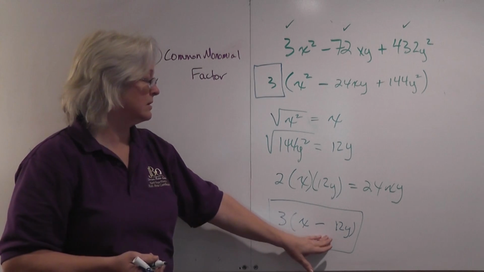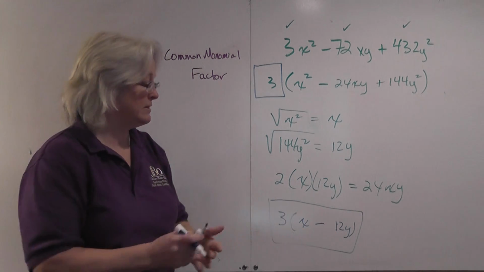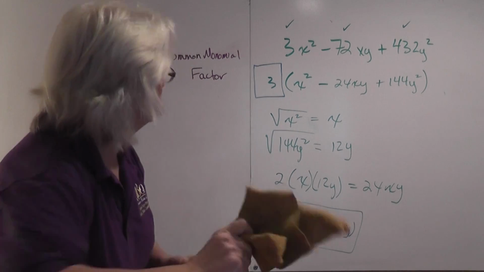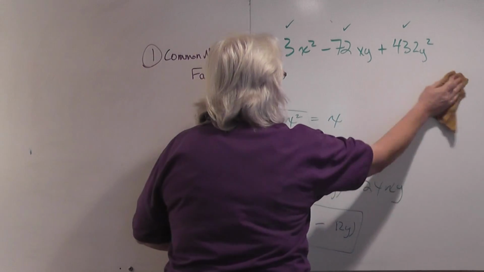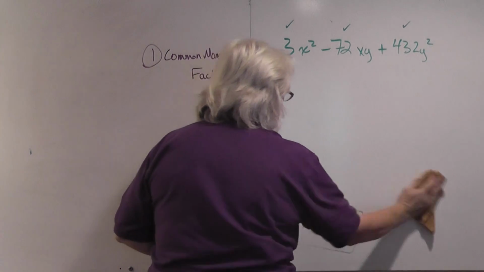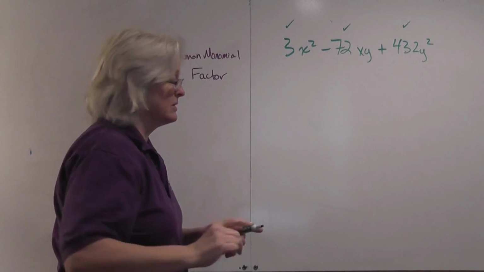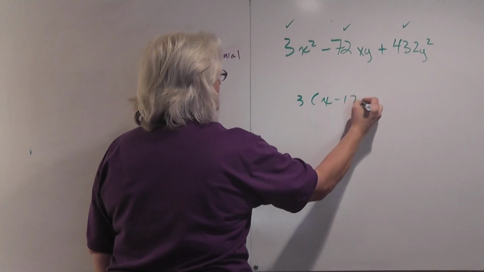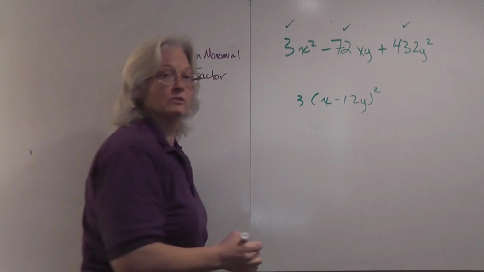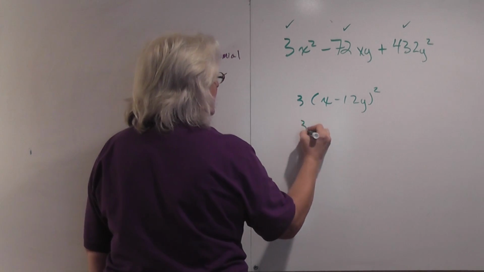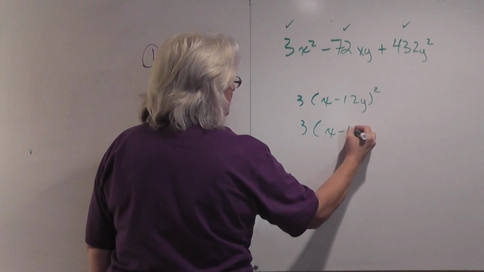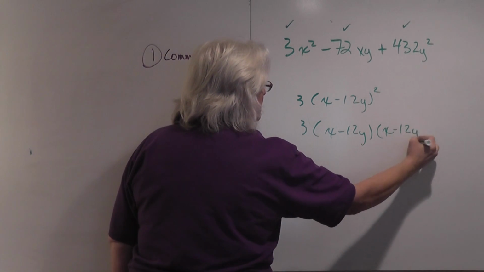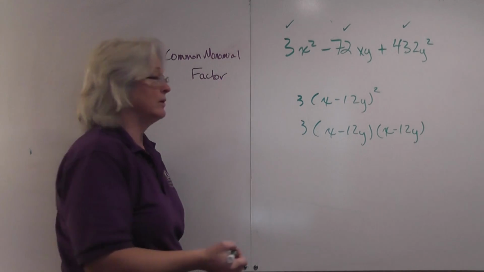And I want to take a second here and go ahead and multiply this out so that you see that, yeah, this is really true. Three times x minus 12y quantity squared. I'm going to go ahead and write this as the product of 2 binomial factors so I can FOIL.